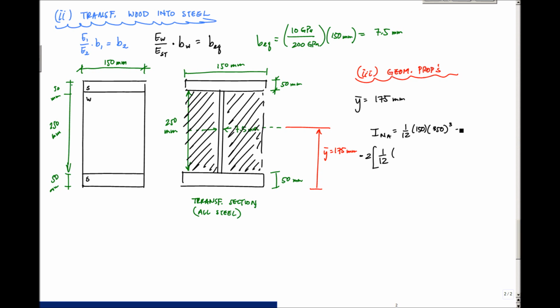Minus 2 times 1/12 times the base of this, which is, let's see, 150 minus 7.5 divided by 2 is 71.25 millimeters, times the height of this hole, 250 millimeters cubed. And if I calculate all that out, I get the geometric or area moment of inertia is 3.504 times 10 to the 8th millimeters to the 4th.